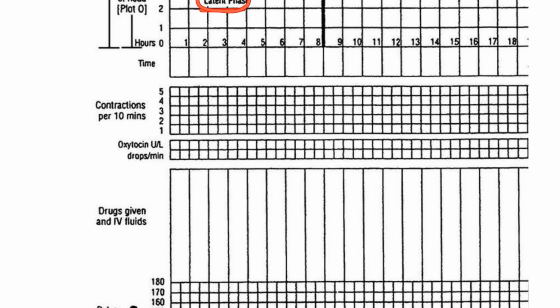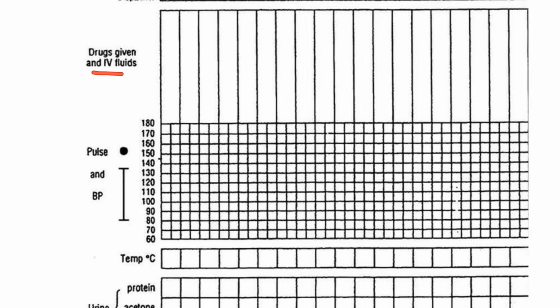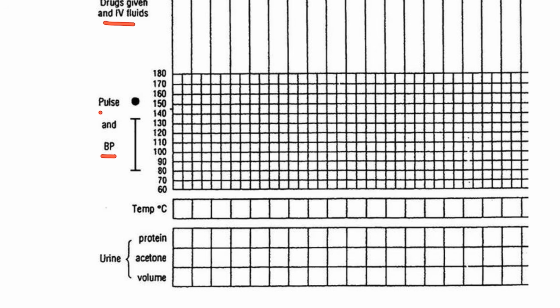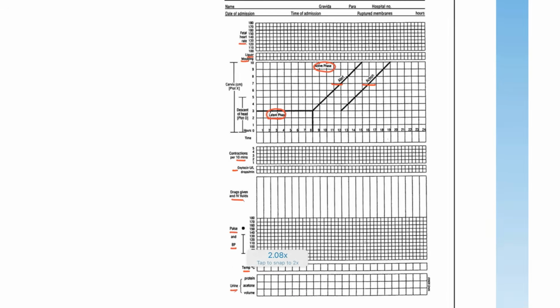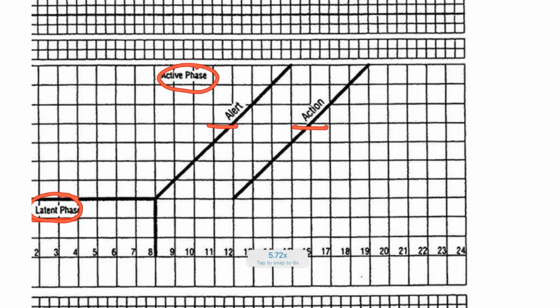Next, how many contractions per 10 minutes, how many oxytocin drops you have given, any other drugs or IV fluids, BP, pulse, temperature, and urine protein are also considered in the new type of partogram.